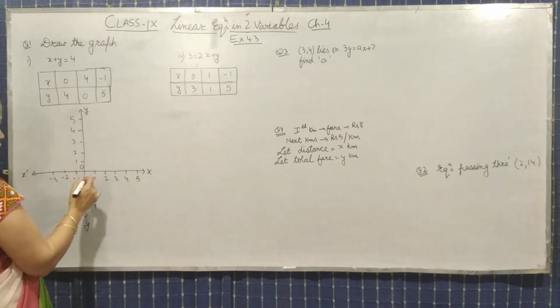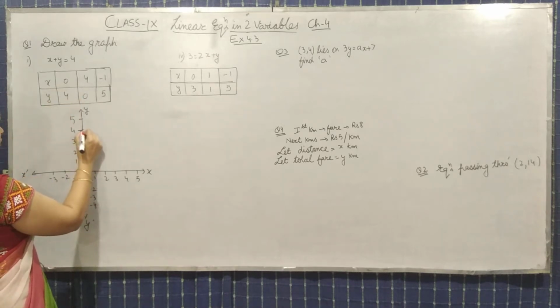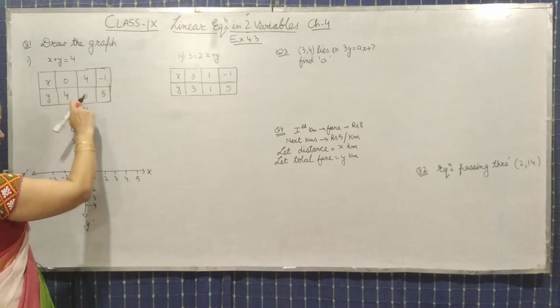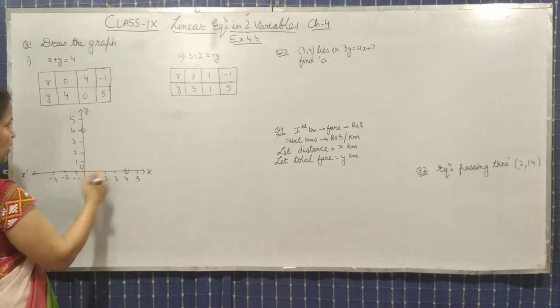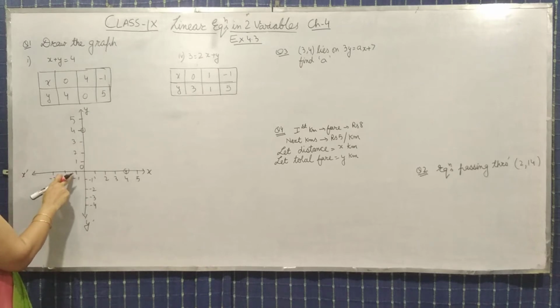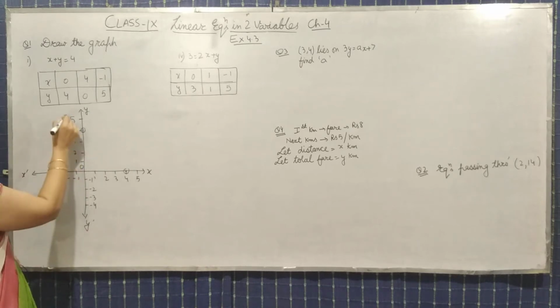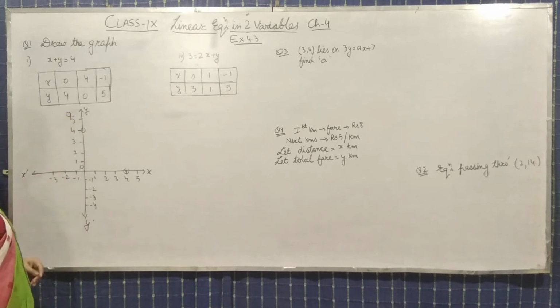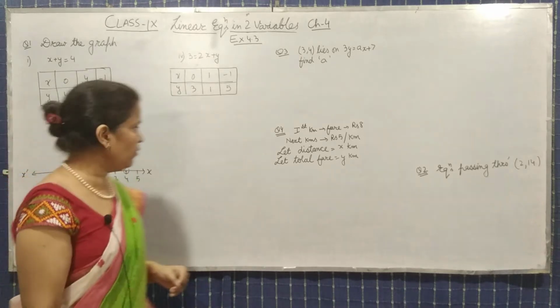0 and 4. x is 0 and y is 4. Then 4 and 0. This will be the value. And then -1 and 5. X is -1 and y value is 5. So somewhere here it will come. Okay. So what should be the next step now?